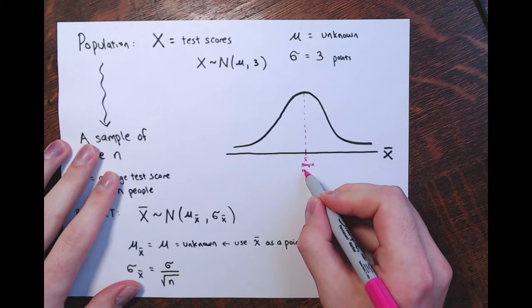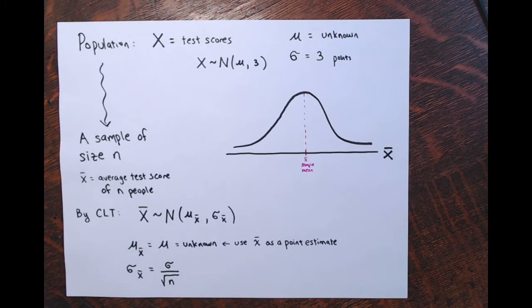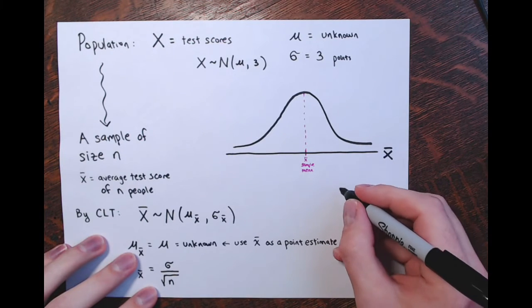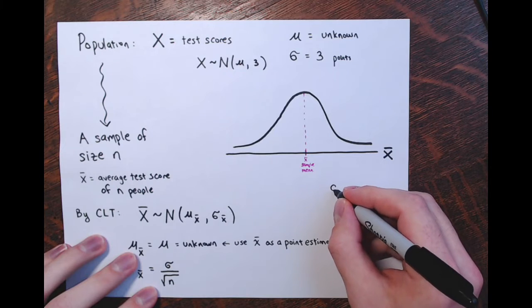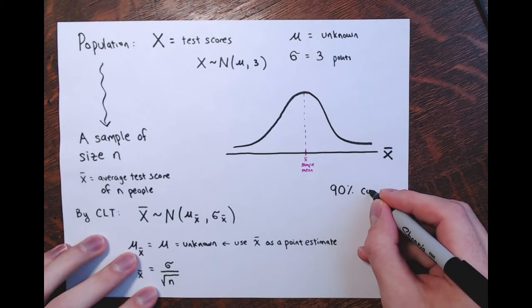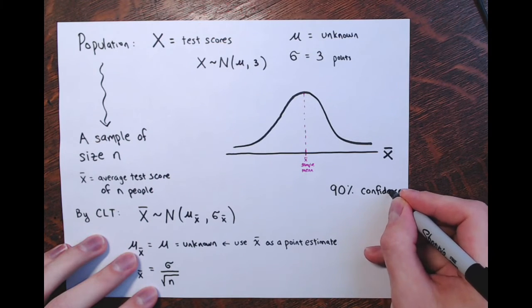Sorry that this is really tiny here. This says sample mean. And then what we'd be looking for: we're asked to create what's called a 90% confidence interval. We have a 90% confidence level.